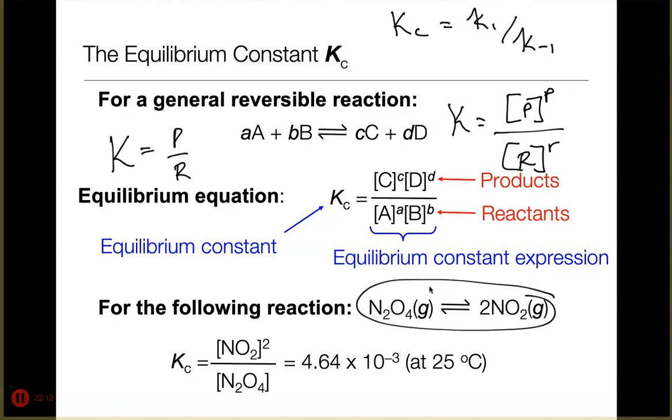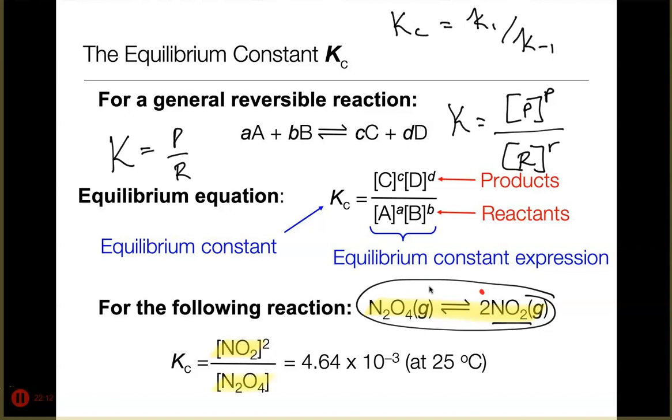So if I'm writing out a Keq expression for this reaction we've been basically tracking this entire time, I know it's products over reactants, so my products are NO2. Well, that's exactly what I have here. It's a balanced chemical reaction at equilibrium, so my exponent is going to be 2. And then I take a look at my reactants.